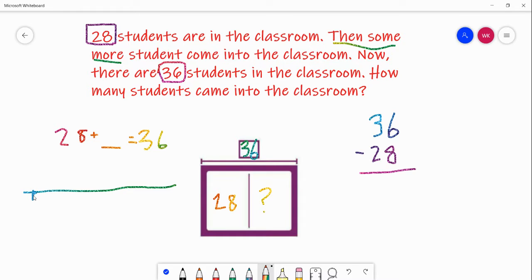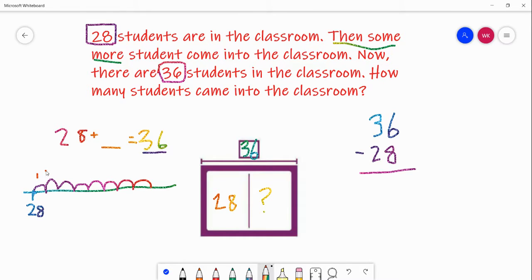So I'm going to put 28 right here, and I'm going to count on until I get to the number 36. So I'm at 28, 29, 30, 31, 32, 33, 34, 35, 36. All right, let's count how many jumps we made.